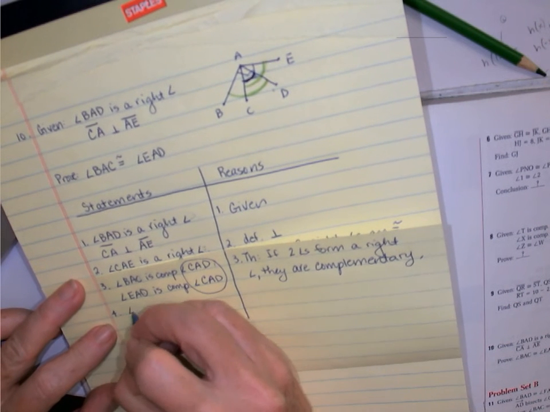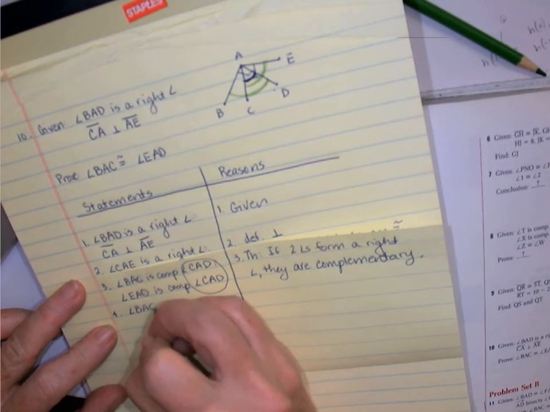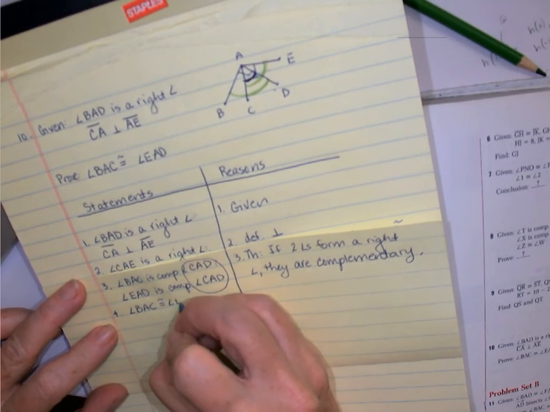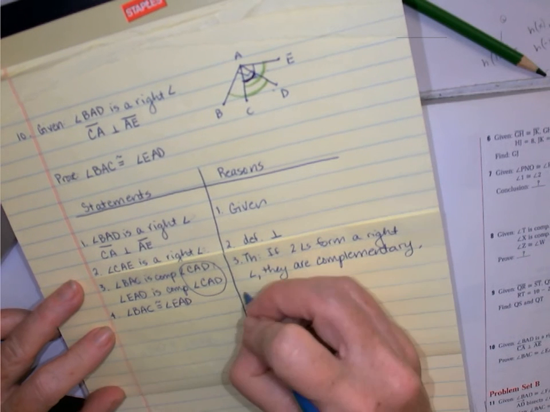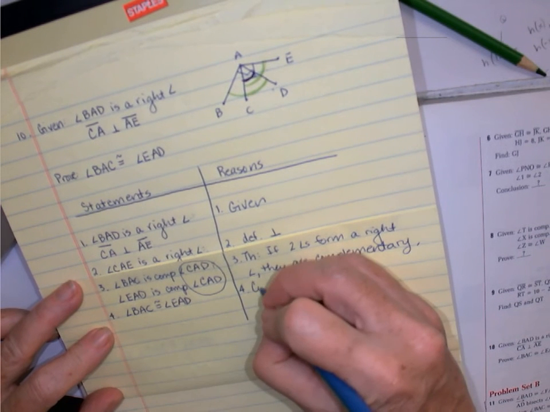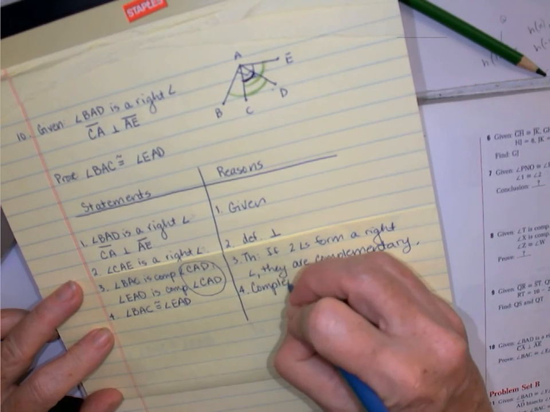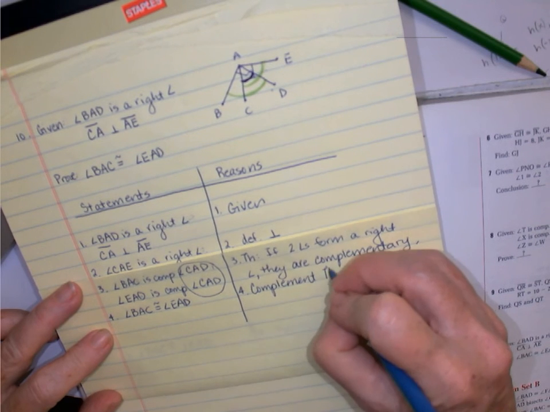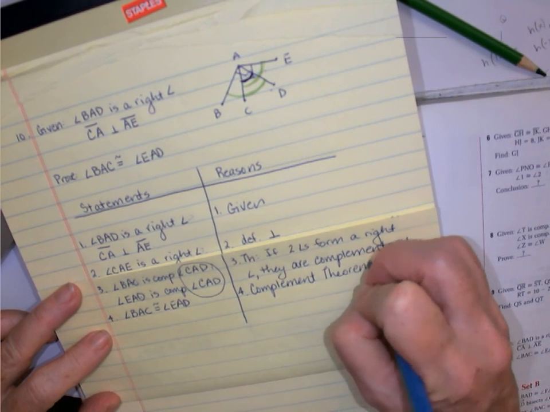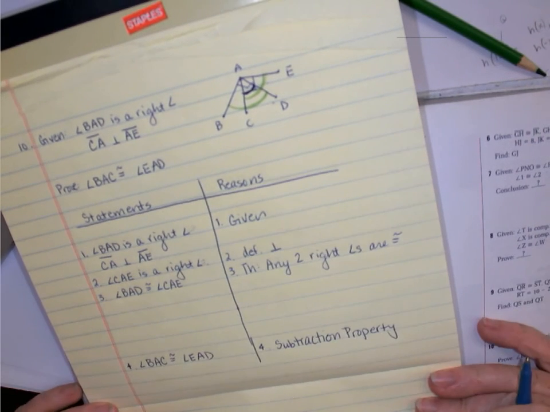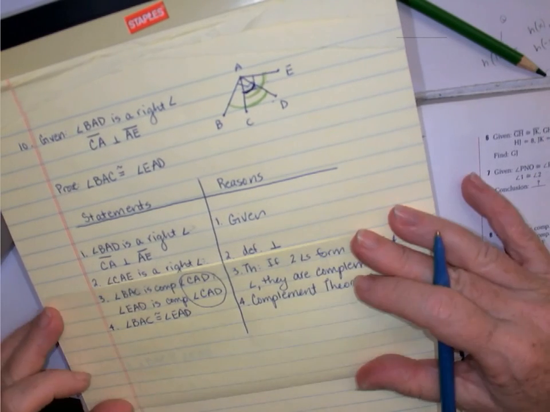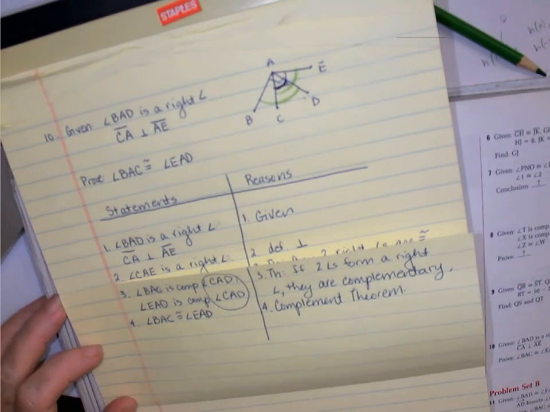So I could also say angle BAC is congruent to angle EAD, and in that case I'm using the complement theorem. And this one is really just as good as my first one because there are only 4 steps. So either one of those for number 10 would be great.